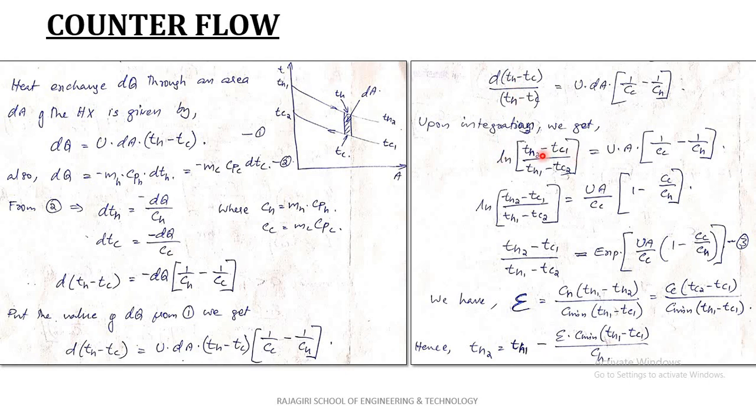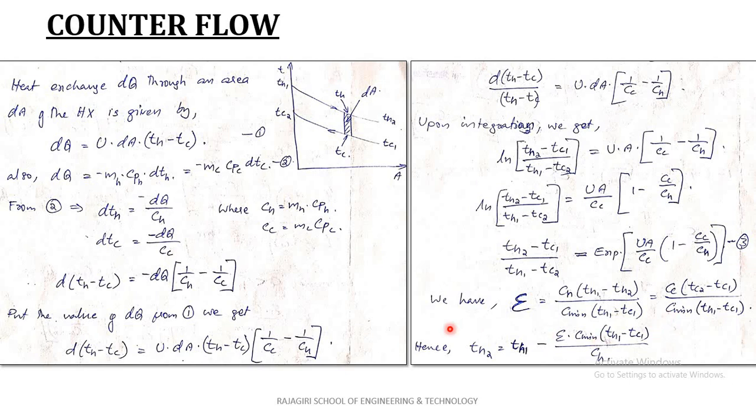So you get ln of this term. Now from this equation you can take Cc or Ch outside of the bracket, so you get UA by Cc (1 minus Cc by Ch). Now we are going to remove the ln term, so you will get (Th2 minus Tc1) divided by (Th1 minus Tc2) equal to the exponential of the right hand side.